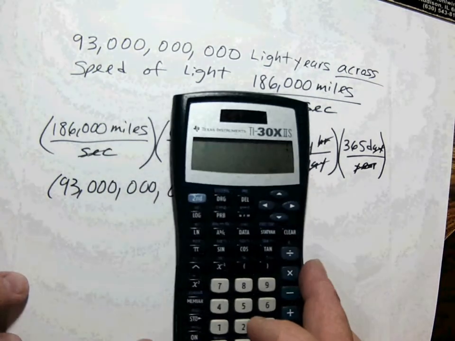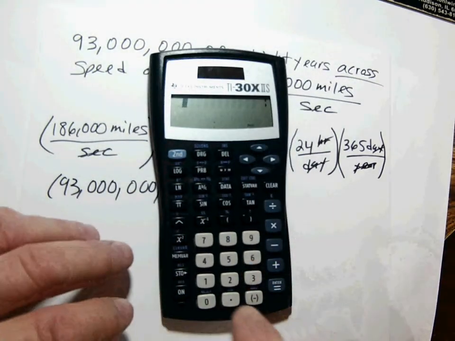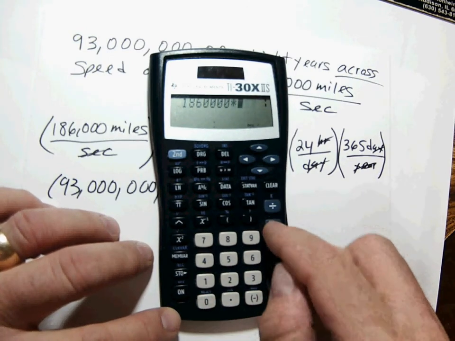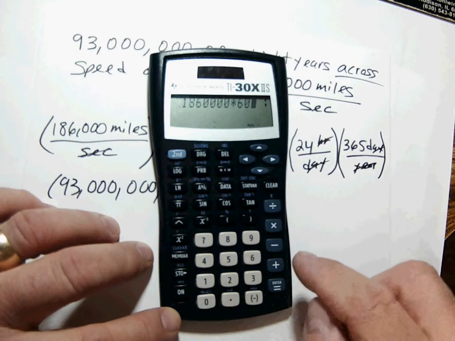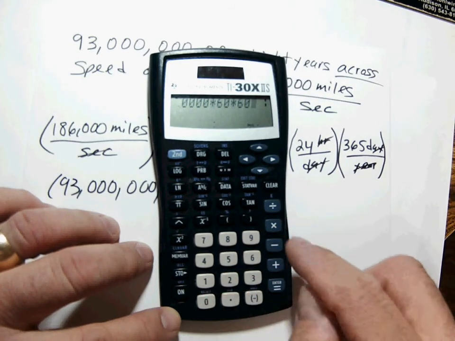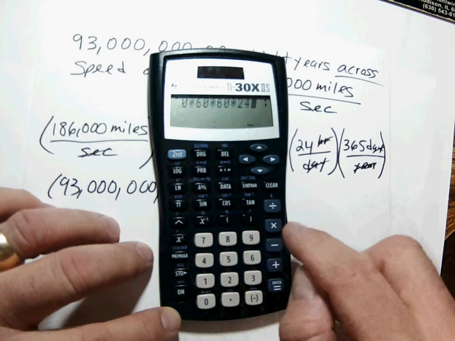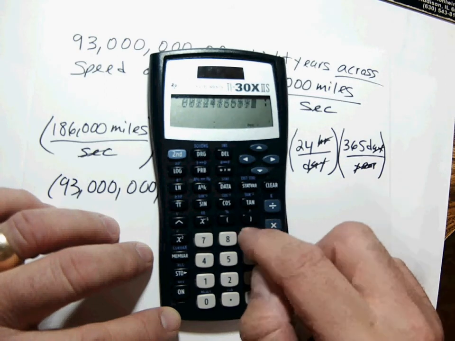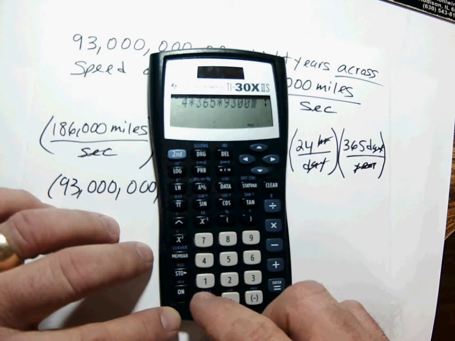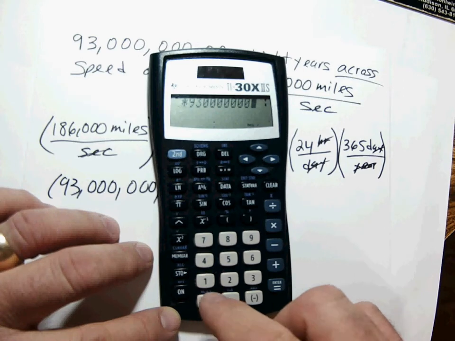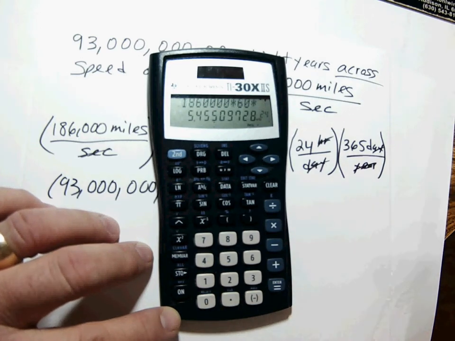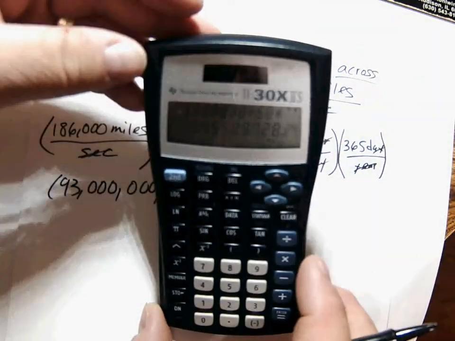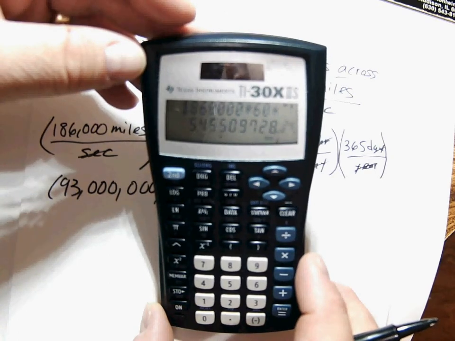Let me see if you can see my calculator. Yeah, it looks like we can. So 186,000 times 60 times 60 again times 24 times 365 times 93 billion equals... I can't read it, 5.45 times 10 to the 24th power.